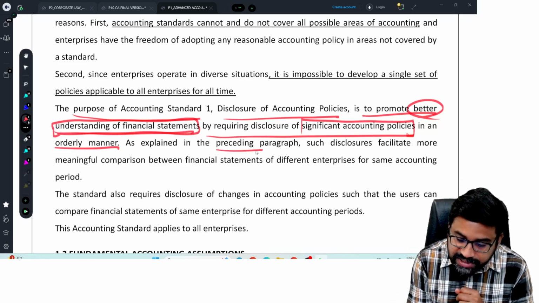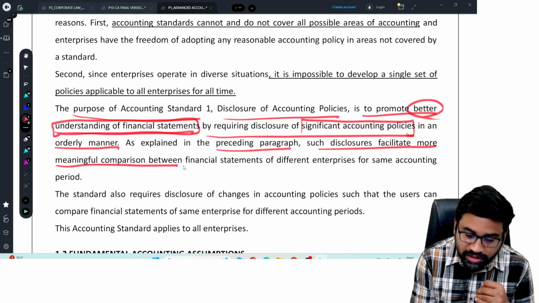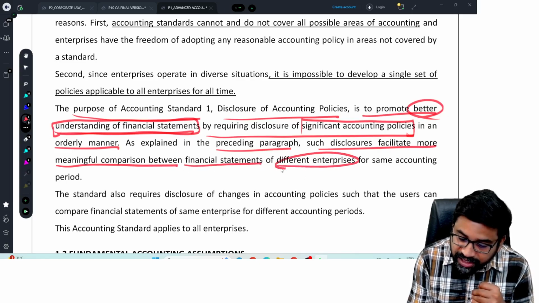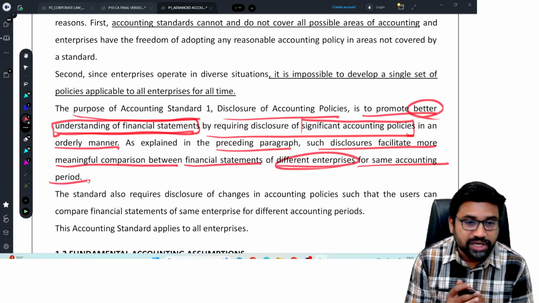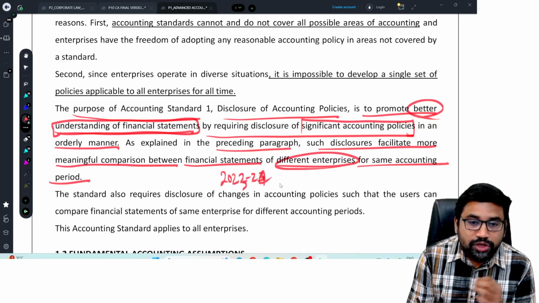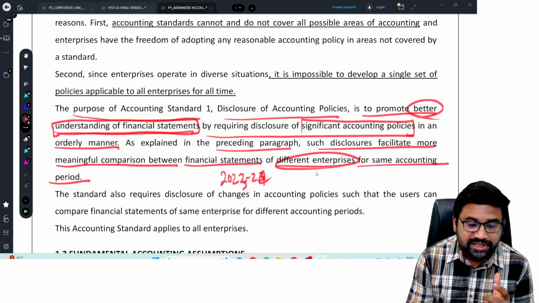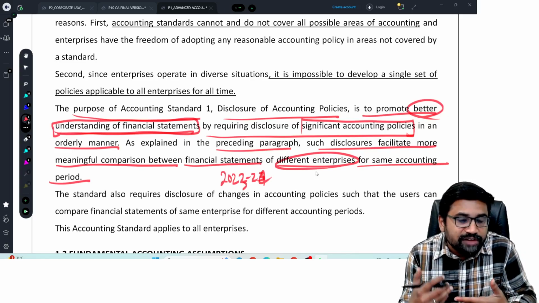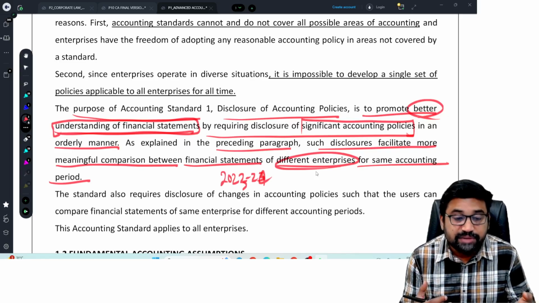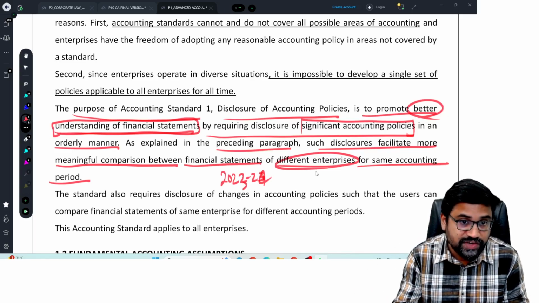As explained in the preceding paragraph, such disclosures facilitate more meaningful comparison between financial statements of different enterprises for the same accounting period. So, for example, this is the year 22-23 or 23-24. Now, in the year 23-24, if I am comparing financial statements, either I can compare this year's financial statements with previous year's, or I may compare my financial statements with my competitor's.